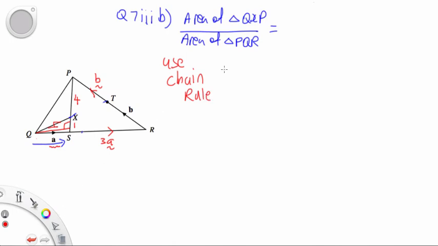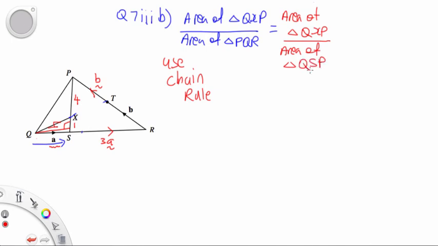Now how to use chain rule? Always look back at the previous part of the question to see if they have given you any clue. So previously, you have already found the answer for area of triangle QXP over area of triangle QSP.